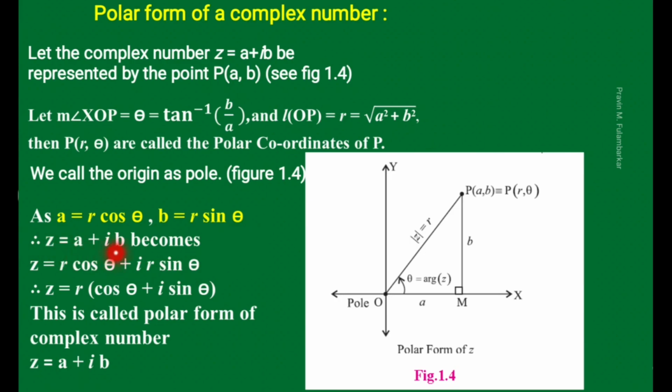Therefore z equals a plus ib becomes, when we replace this a by r cos theta and this b by r sin theta, the polar coordinate form. So take r common. So we write z equals r (cos theta plus i sin theta). This is called the polar form of the complex number z equals a plus ib.